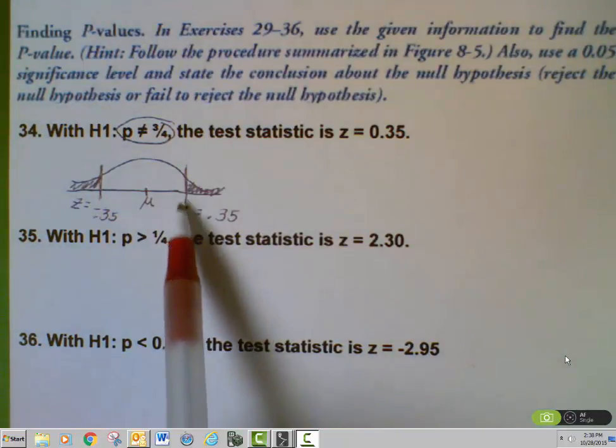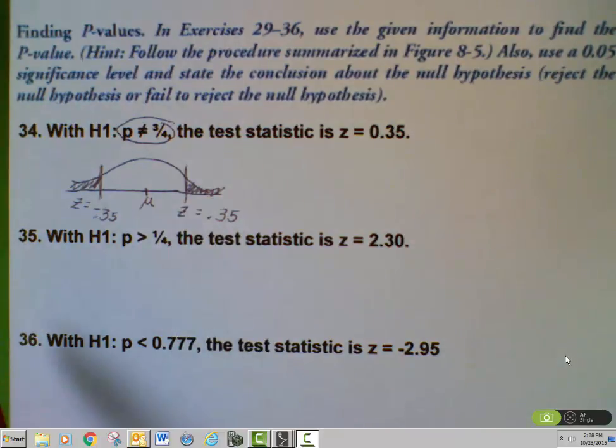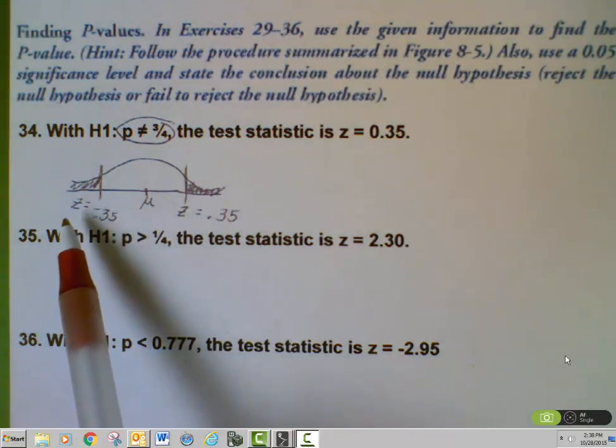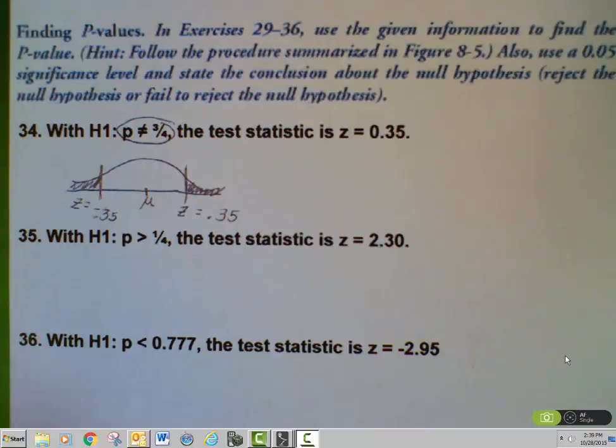How do I find an area that is to the right of the z-score 0.35 or to the left of the z-score negative 0.35?